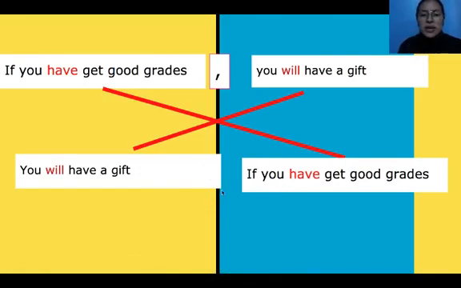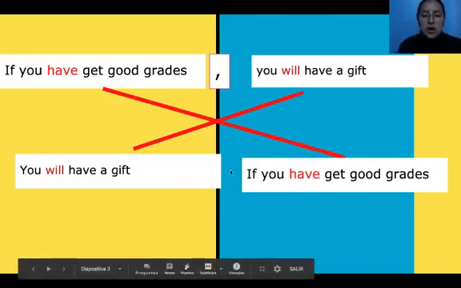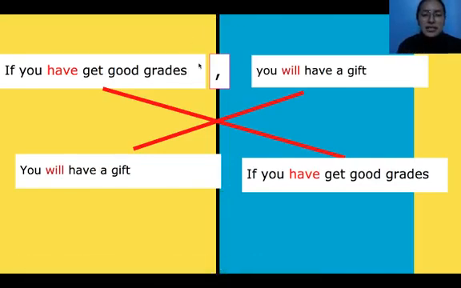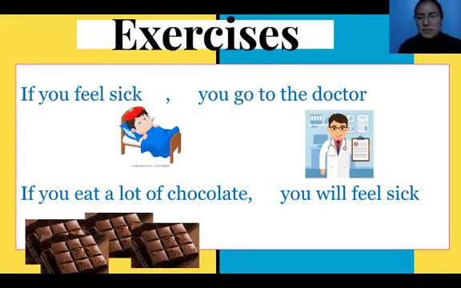Don't have to write the comma. Only when you use first the present simple and then the future will, you write the comma, okay? Let's explain more, okay.